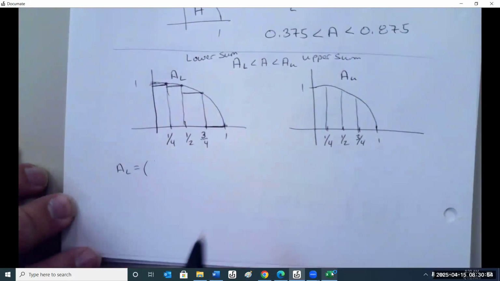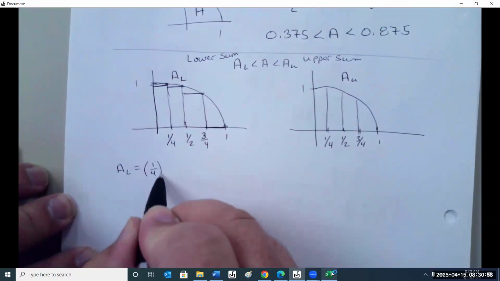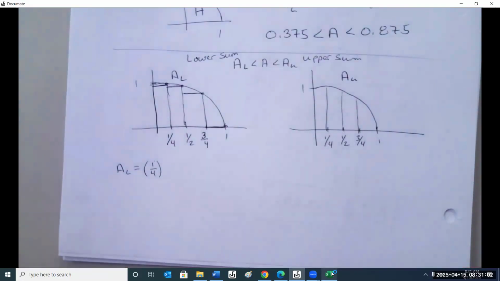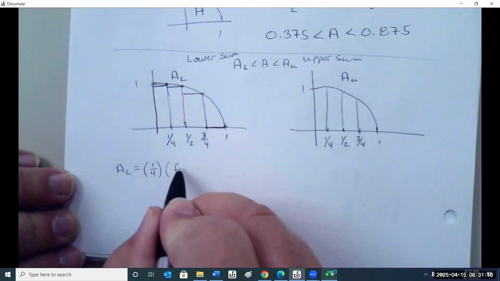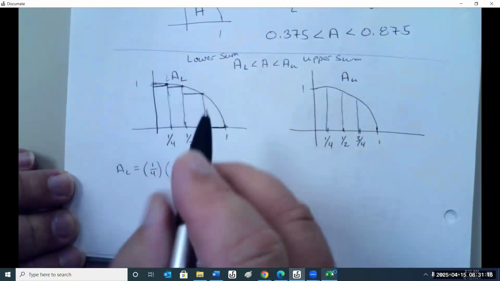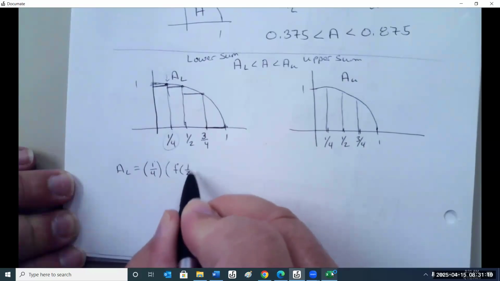So now the base is 1/4. Notice all of these bases are all 1/4. So that part has to remain the same because we have to have the same size rectangles. So now this first one, since we're using this value here, we take the x as 1/4.